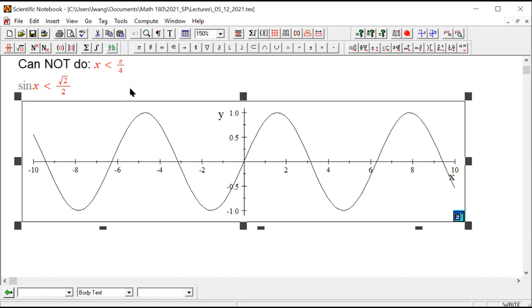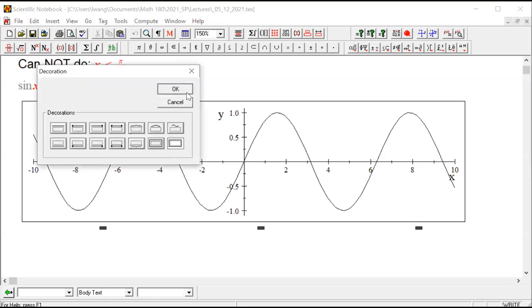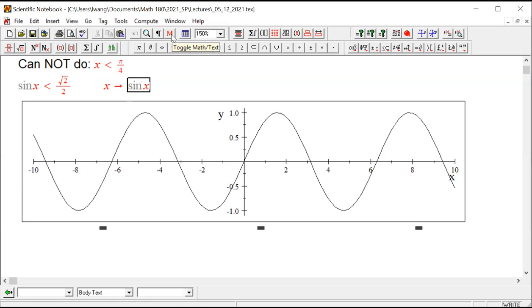In this case, because they didn't give us a specific interval, we're going to look for solutions in the entire domain. The function, of course, is sine, and it produces output. That output is sine x. So this curve is sine x. What's the input?